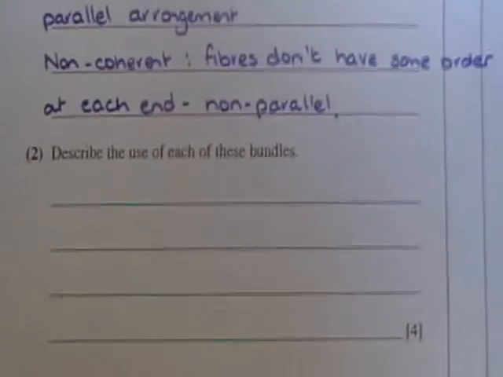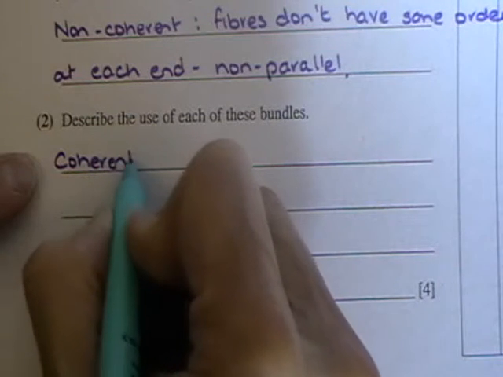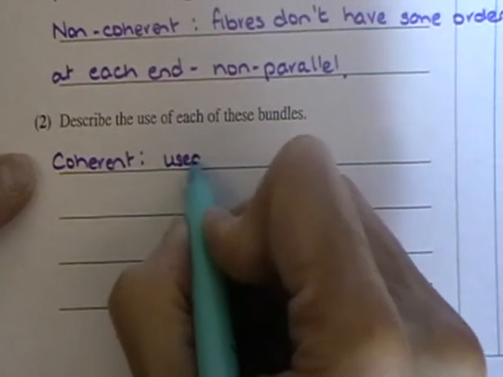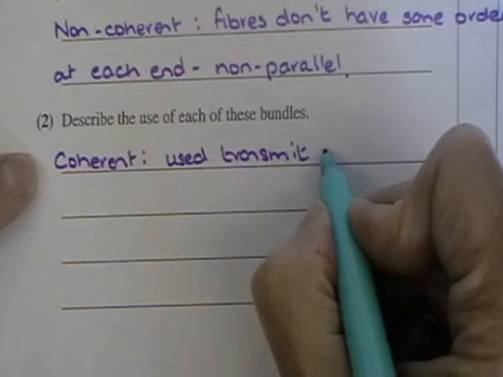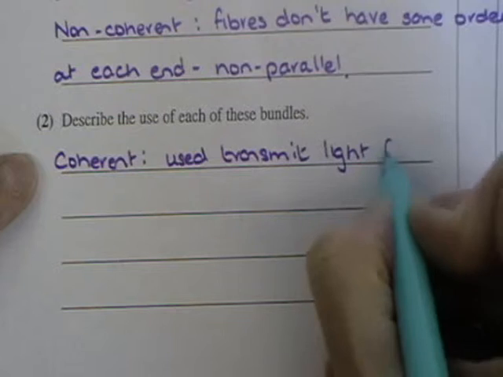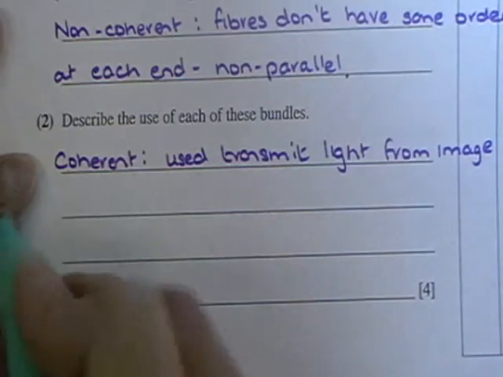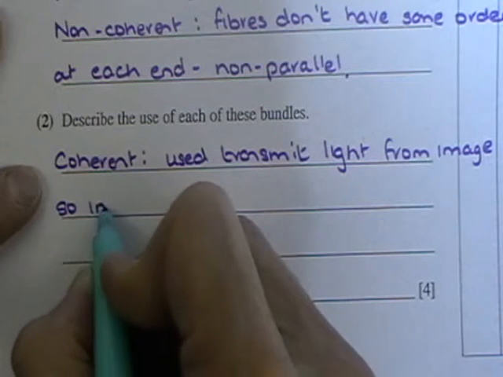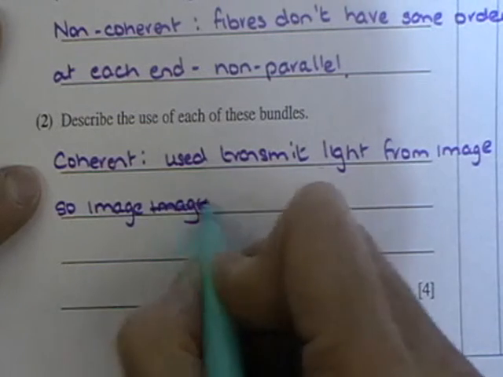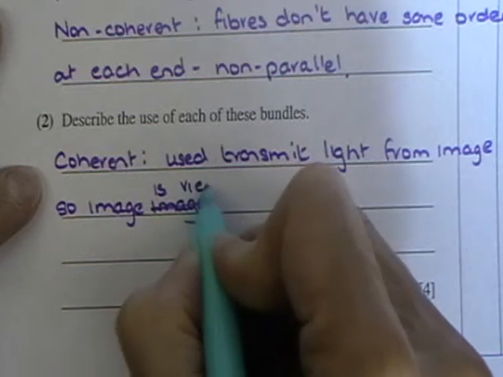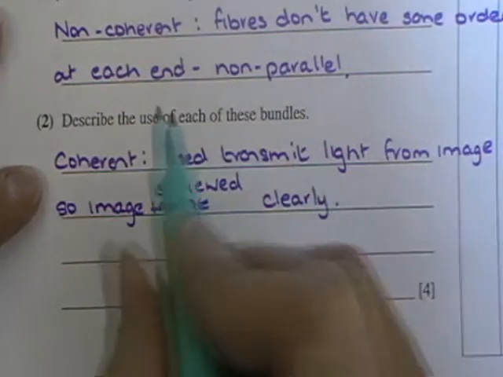And the last part, describe the use. So the coherent bundle is used to transmit light from the image so the image can be viewed clearly and in the correct order.